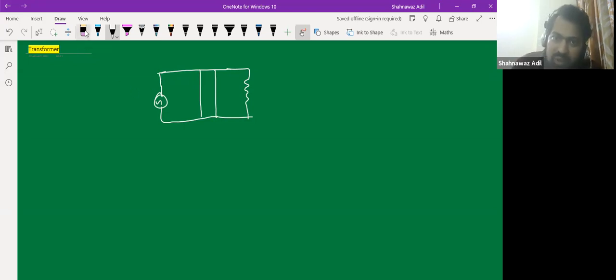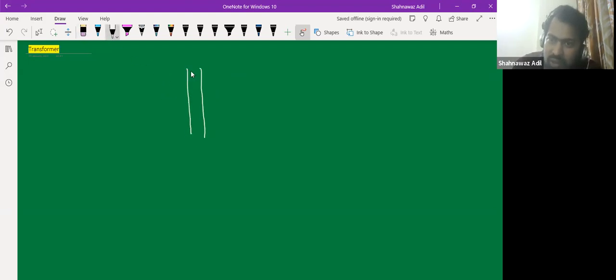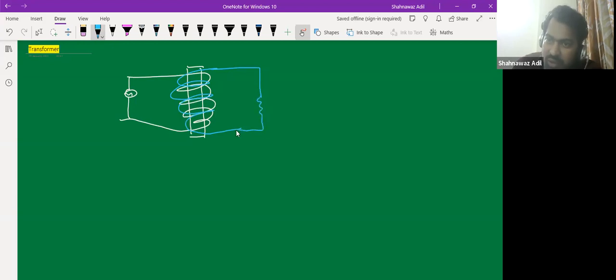So we have this, and then we have this thing which is connected to the one, and then we have another thing connected to the other. So there are two things, right?